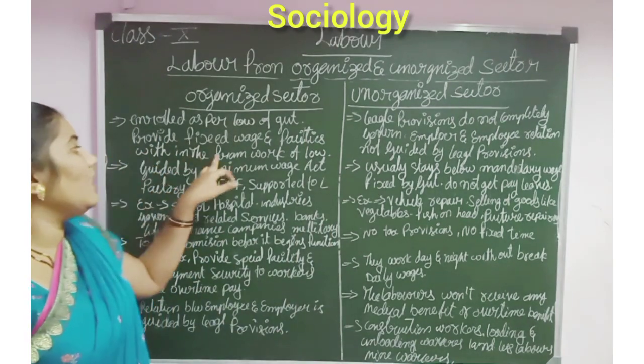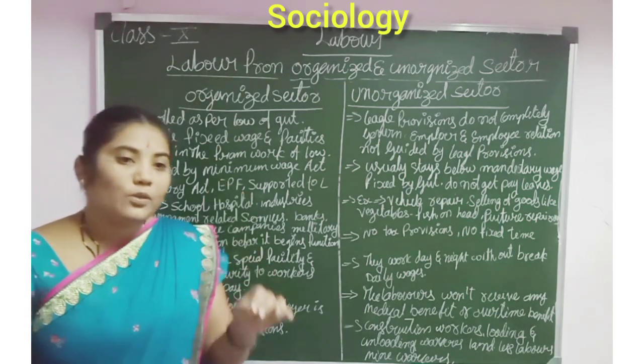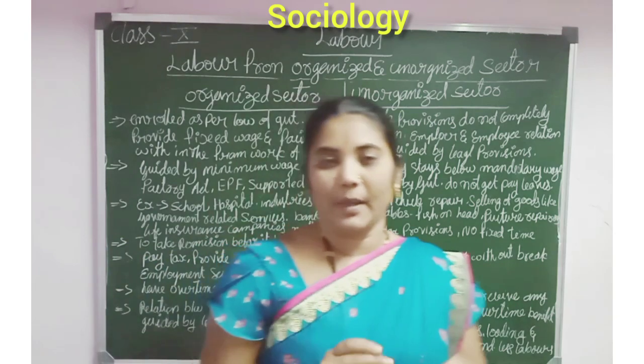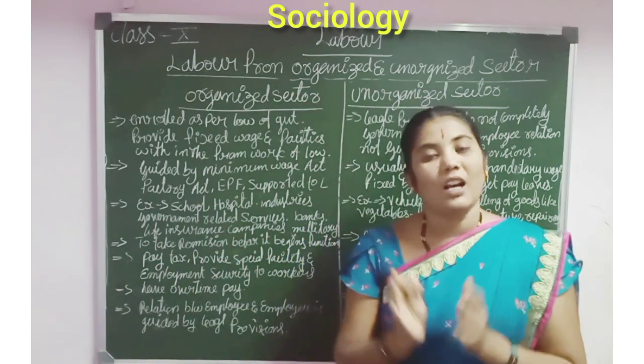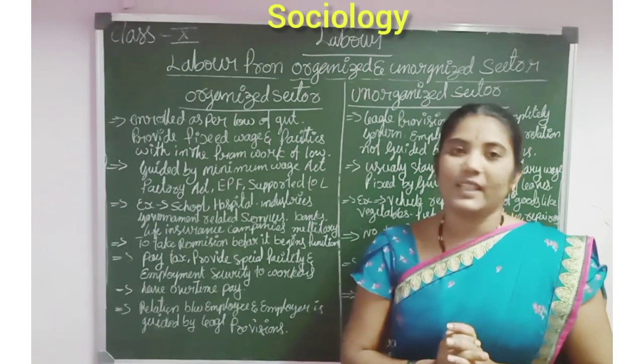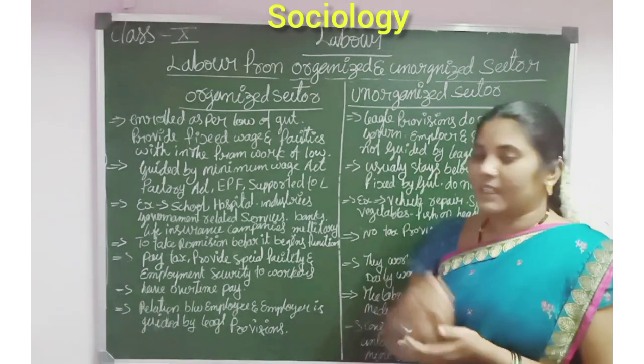Within the framework of law means those organized people are enrolled by the government, bound by the government, and they have a fixed wage as per the government law and some more facilities. So those workers are considered the organized workers.